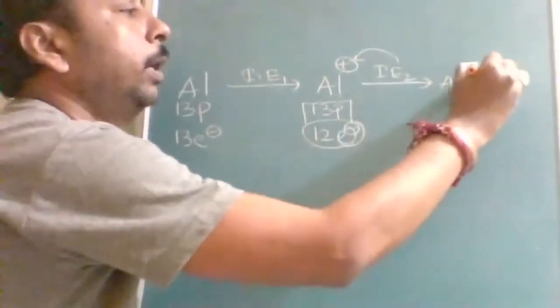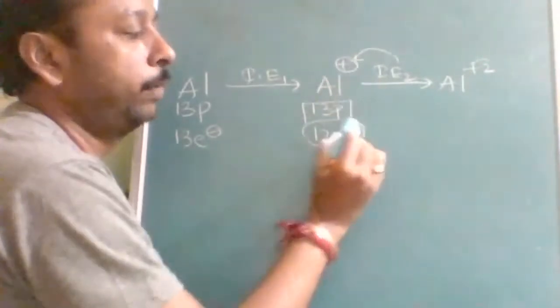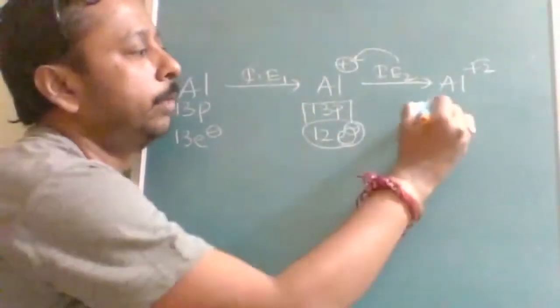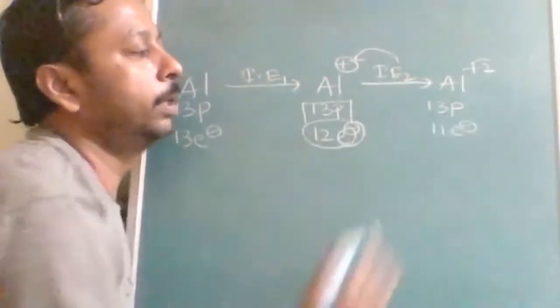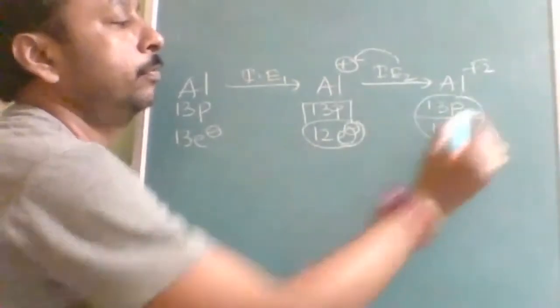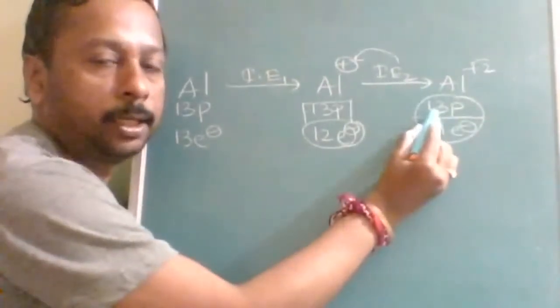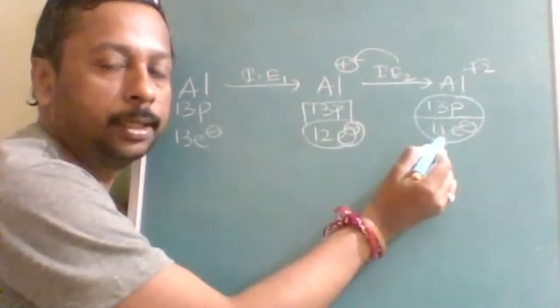Okay. Now for IE2, already there will be attraction between this positive and negative. Okay. Now it is going to be 13 protons, but how many electrons? 11 electrons. Okay. So the number of those attracting is the same and those getting attracted decrease.